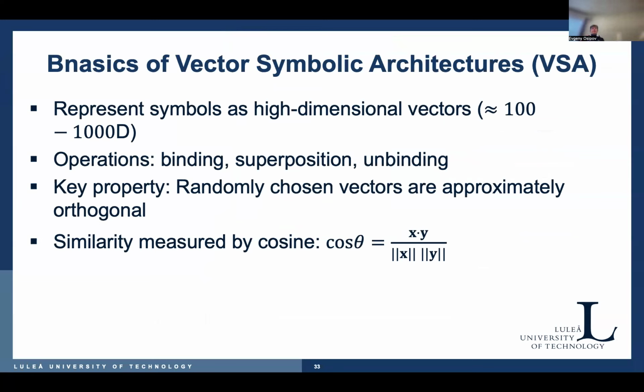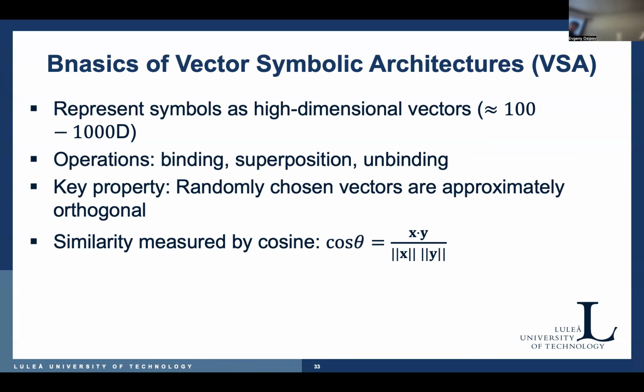There are some mathematical properties I can tell very briefly without showing formulas. First of all, you need to introduce a similarity measure. All computations will be performed based on similarity between two vectors. There are different measures, but the typical one is cosine similarity.